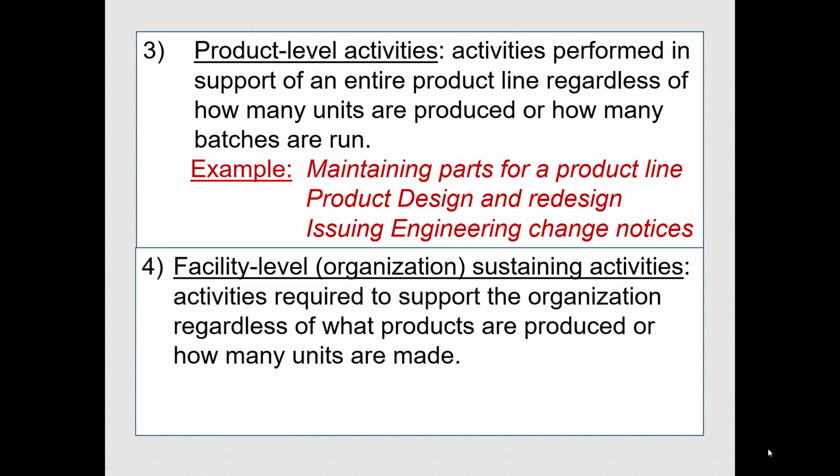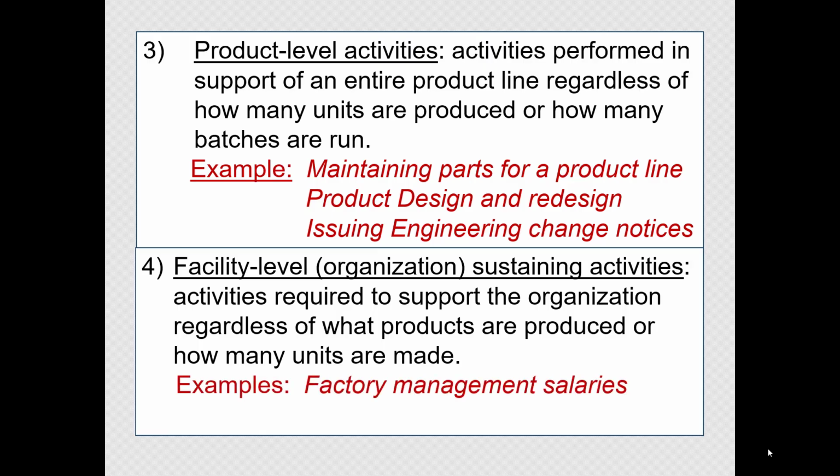And then there are facility level, or sometimes called organization sustaining activities, and these are required to support the entire organization. These are often difficult to trace to any given product line, or aren't really driven by a specific activity.